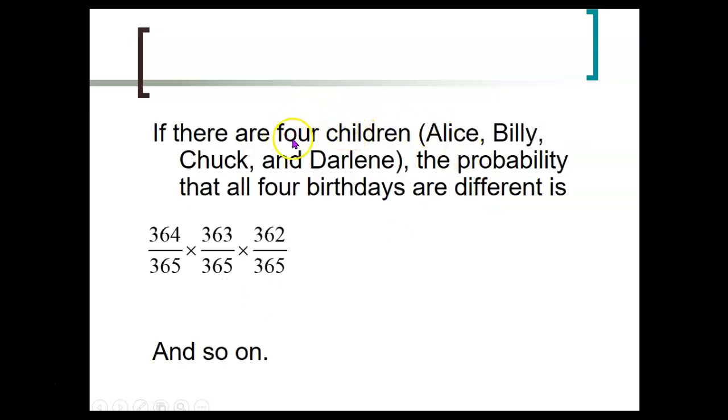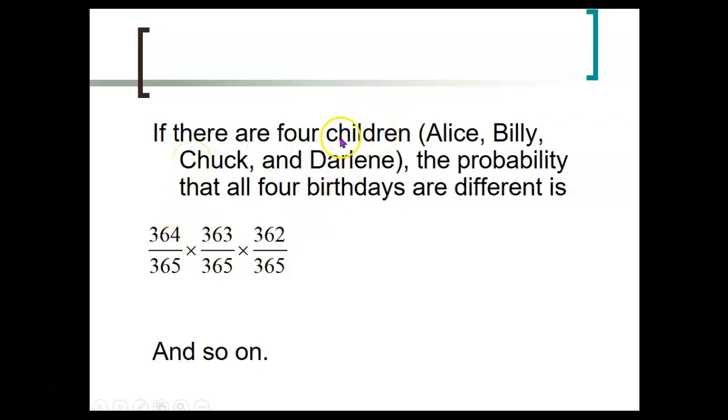If there were four children, say Alice, Billy, Chuck, and Darlene, the probability that all four birthdays are different would be the probability that Billy's is different from Alice's times the probability that Chuck's is different from either Alice or Billy's times the probability that Darlene's birthday is on one of the 362 days that isn't already taken by Alice, Billy, or Chuck.